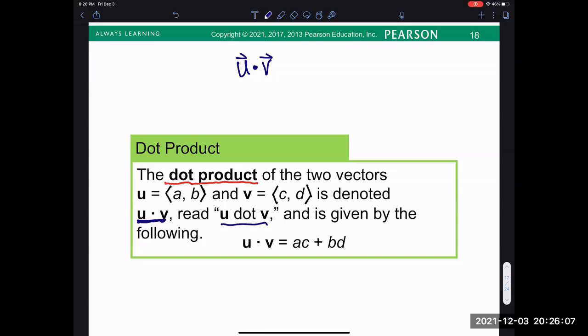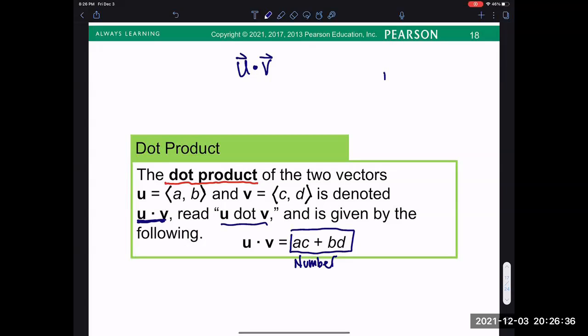So I want to stress here that the result is a number, not a vector. U dot V takes two vectors, U and V, and does this special kind of multiplication together, and the result is not a vector, it's a number.